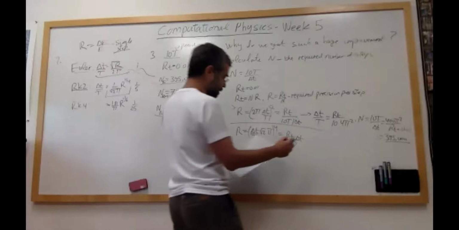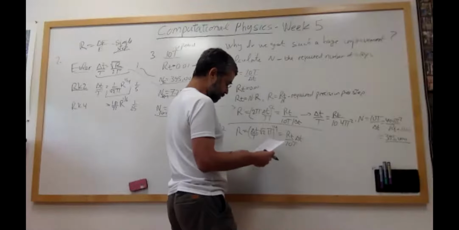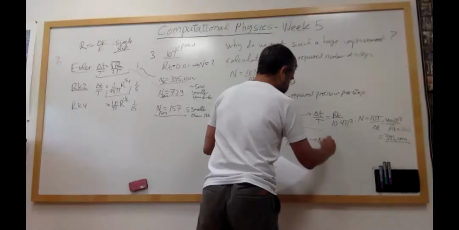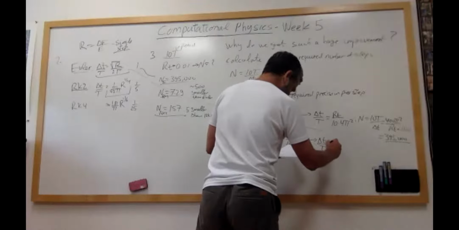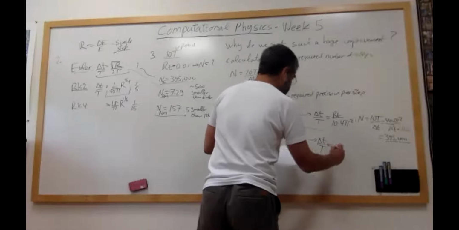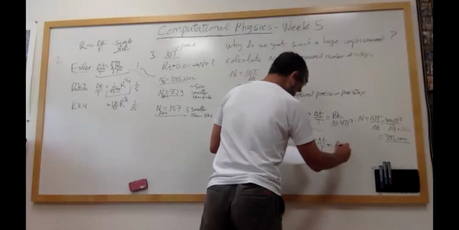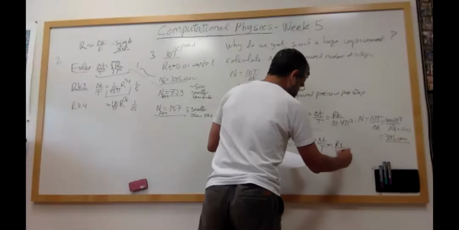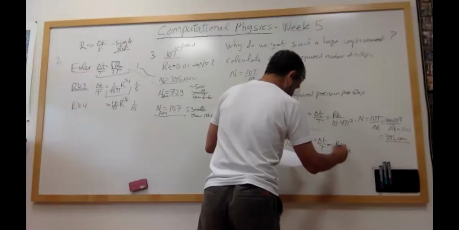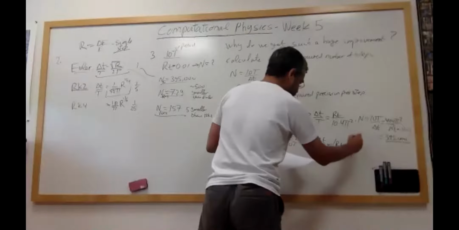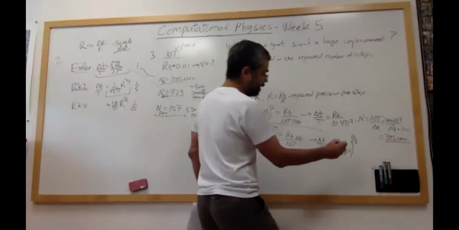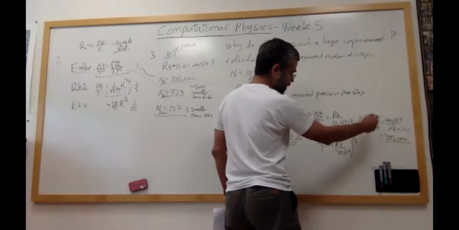So now we get that delta t over t is RT over 40 pi squared, all of that to the power of 1/3. So N would be again the same.